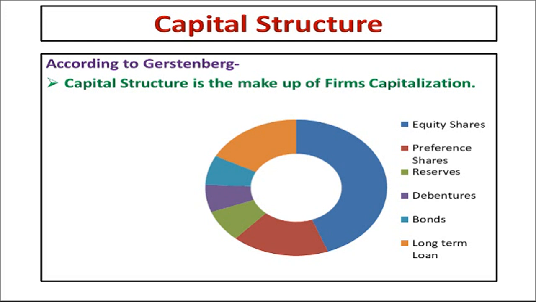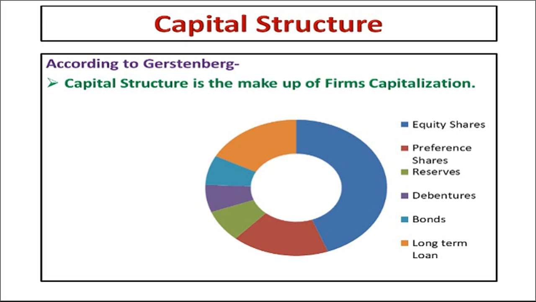This is a capital structure of a particular company, whereby you can see the contribution to the total capital has come from sources like equity shares, preference shares, reserves, debentures, bonds and long-term loans. So a capital structure is nothing but a study of how a company has raised its capital.